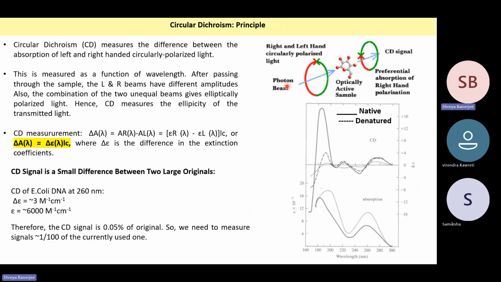After passing through the sample, the magnitude becomes different because the sample is absorbing the right and the left polarized light to different extents. When the magnitude becomes different, you are calculating the difference in this magnitude between the right and the left circularly polarized light, and the difference is being plotted on the y-axis.